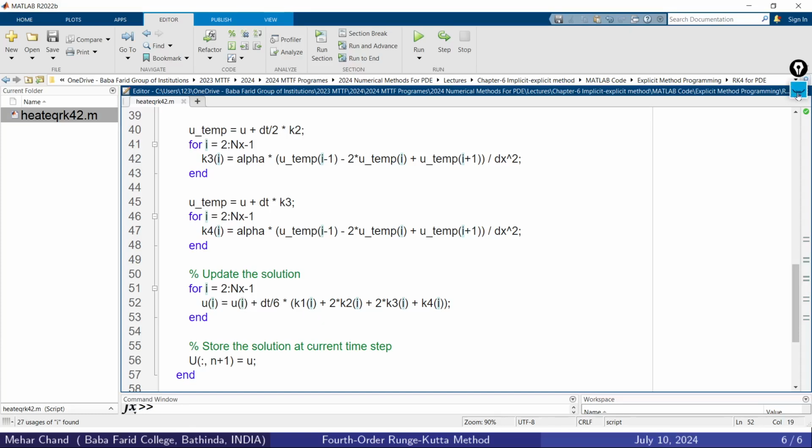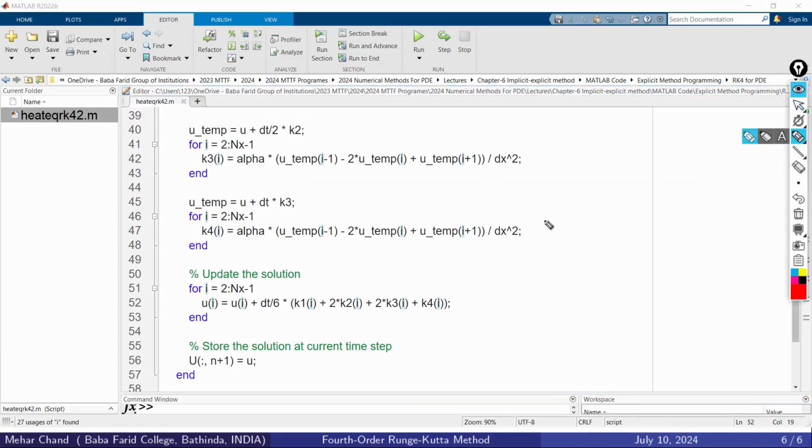This is important to discuss here, as we have a special domain. Here the index is 1, then we have 2, 3, 4, and the last one is nx. At the first and last points, these are the boundary values, and the second last point is nx minus 1.